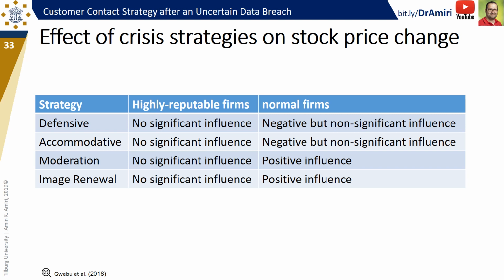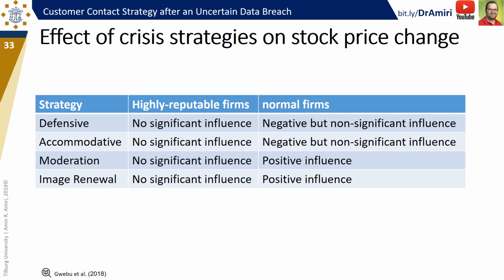But if you take a moderation strategy or image renewal strategy, it's going to have a positive influence on your stock price changes. So again, highly reputable firms are not going to be affected.